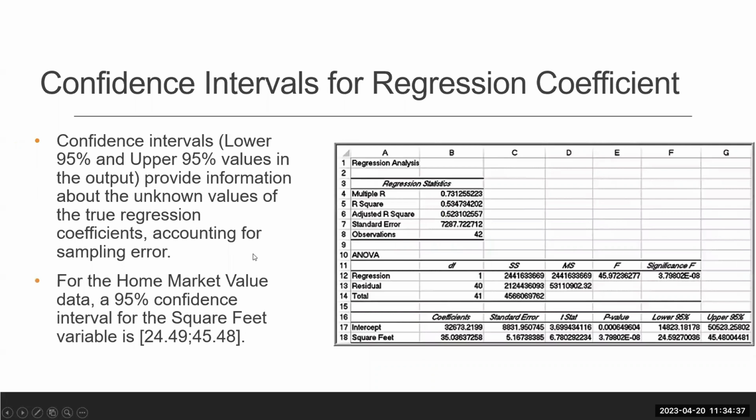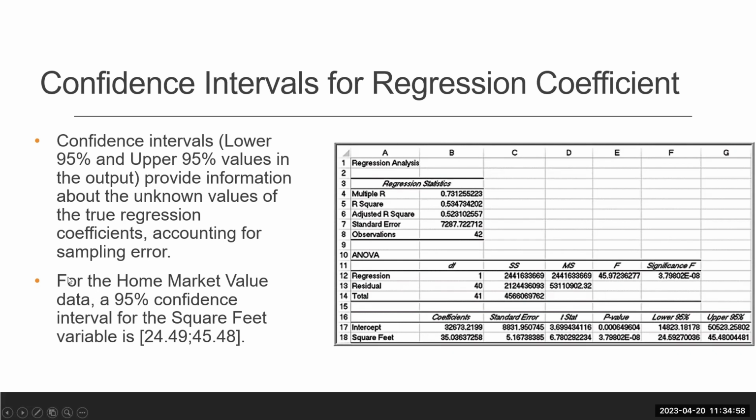Okay, and confidence intervals. So where are we? Over here. See where it says lower 95%, upper 95%. Let's talk about how to interpret this part. Confidence intervals provide information about the unknown values of the true regression coefficients, accounting for sampling error.